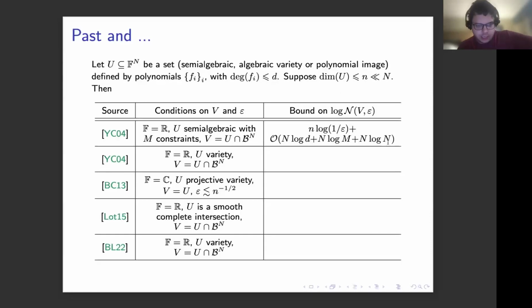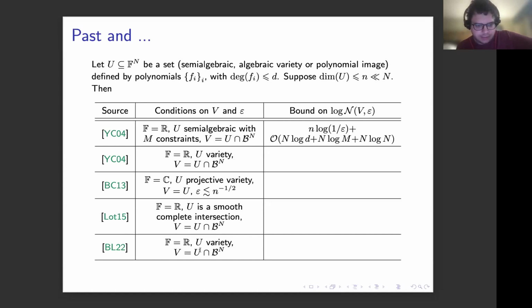Here are other result settings. So here we have a variety, so no inequalities, just equations. We intersect again with the ball. There's a result also when the base field is the complex numbers and you have a projective variety. There's a result of Lotz where one has a smooth complete intersection. So this is a variety defined just by equations, but there are some geometric conditions on the equations, that they're algebraically independent. This was one setting.